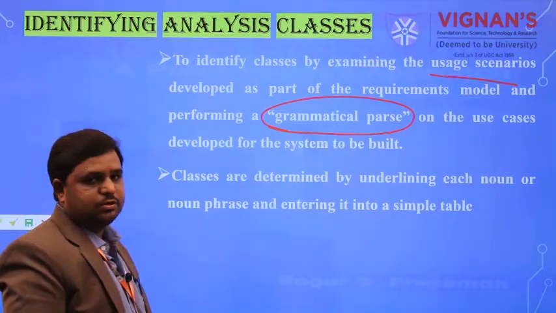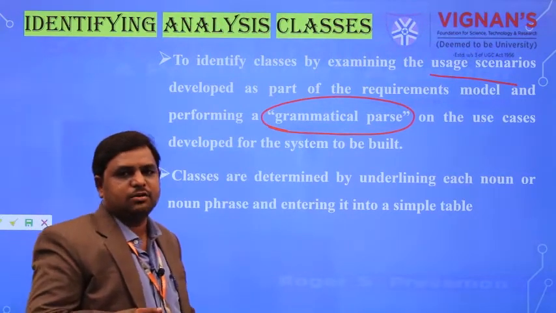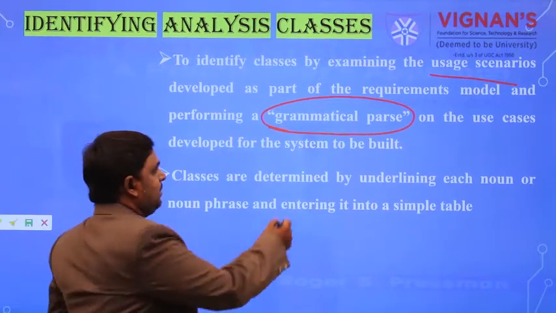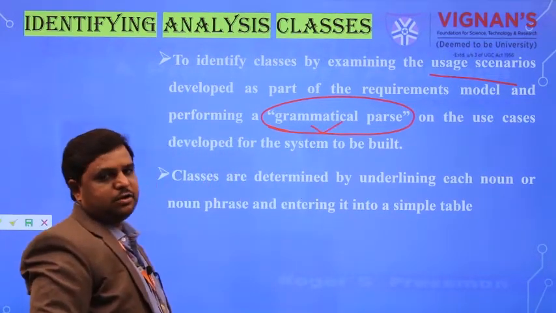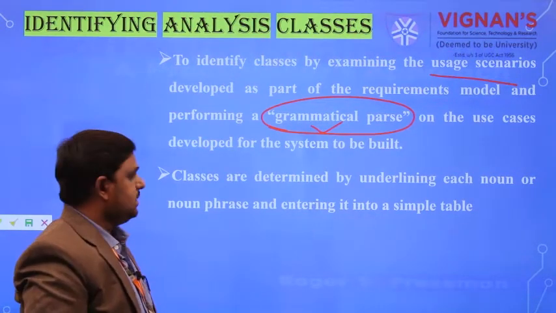That means we are going to examine the use cases, and in those use cases we check the grammatical parses, which are going to be used for developing the software.